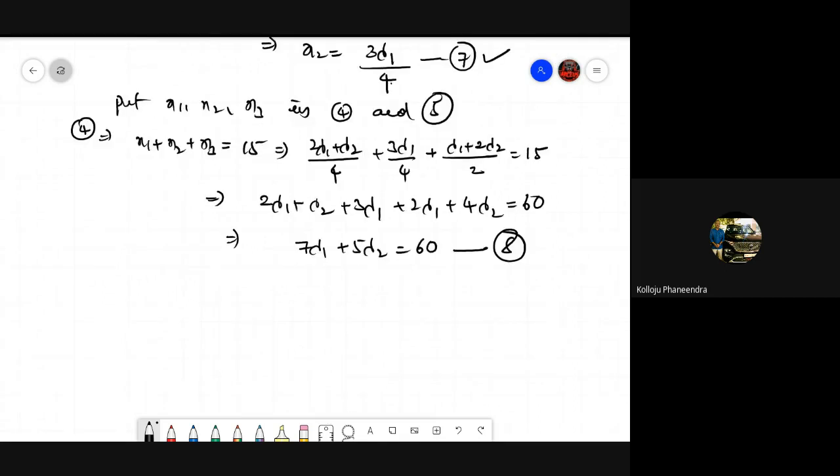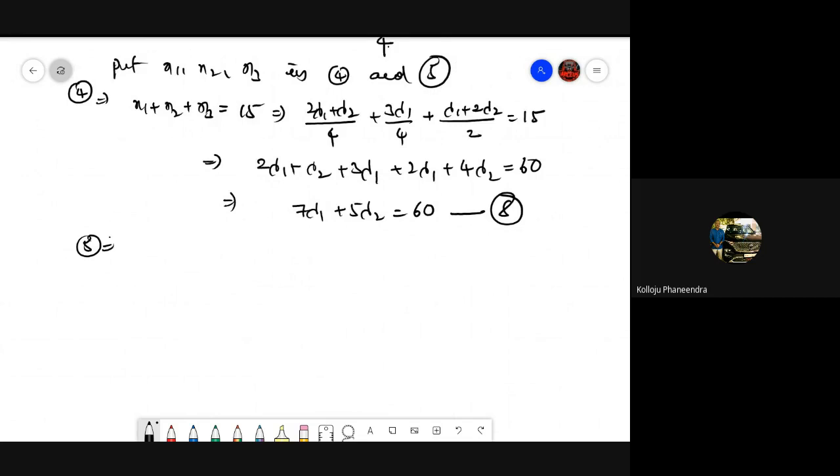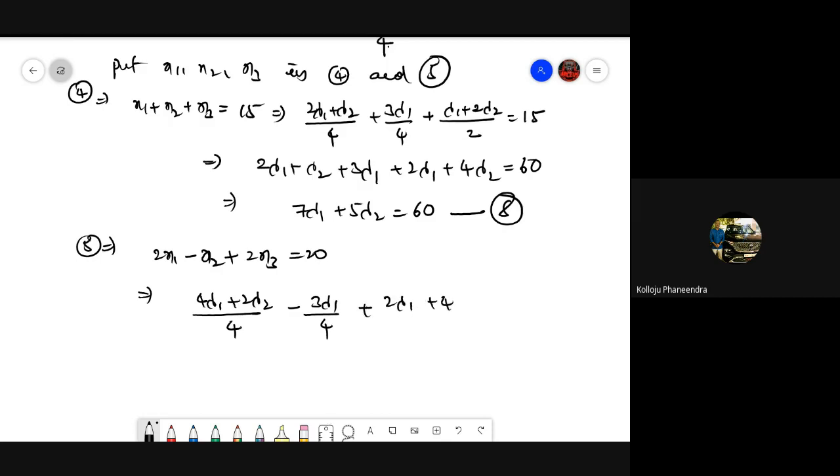Next, what does equation 5 imply? 2x1 − x2 + 2x3 = 20 implies, writing 2x1 as it is, (4λ1 + 2λ2)/4 − 3λ1/4 + (2λ1 + 4λ2)/2 = 20.